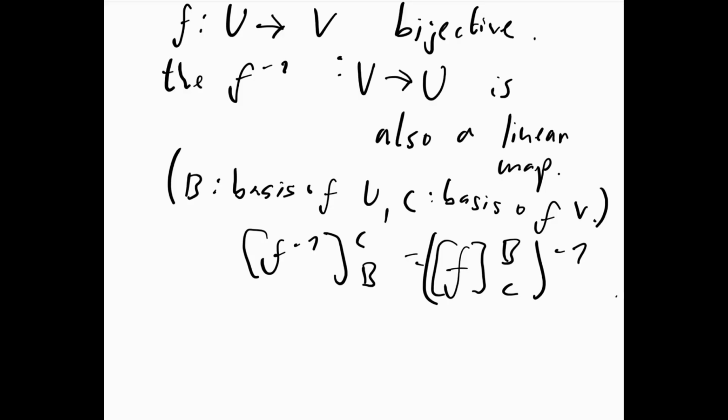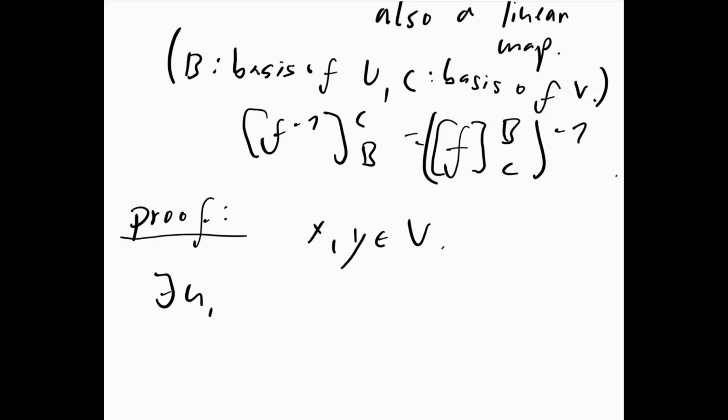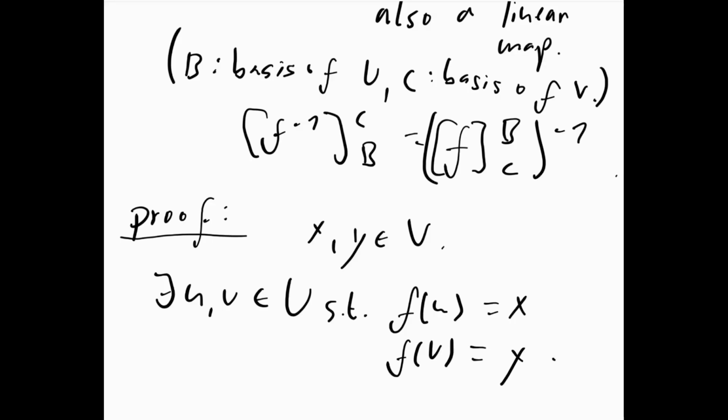And let's get the proof now. Basically, we choose some x and y in V, and F is onto the vector space V. So there exist some u and v in U such that F of u is going to be x and F of v is going to be y.